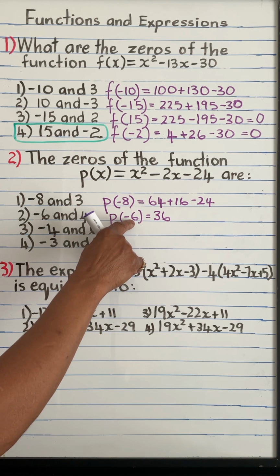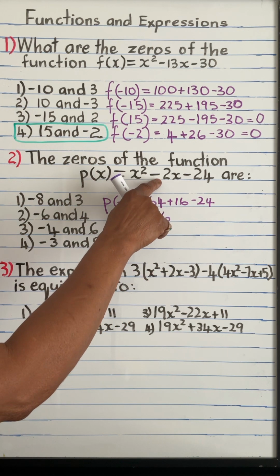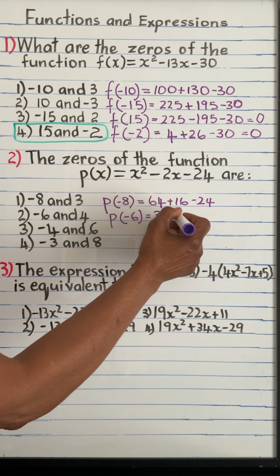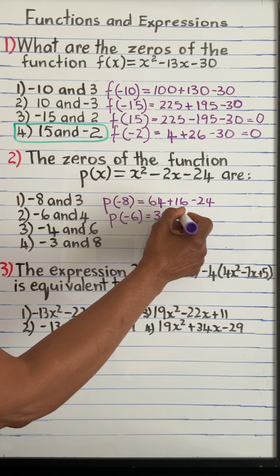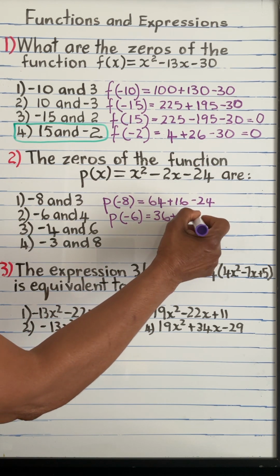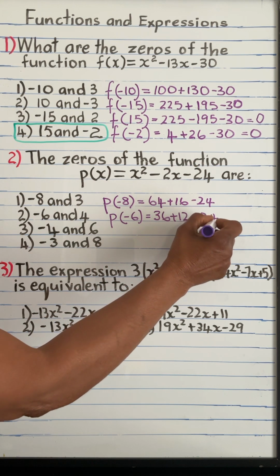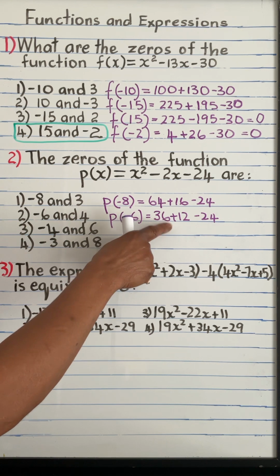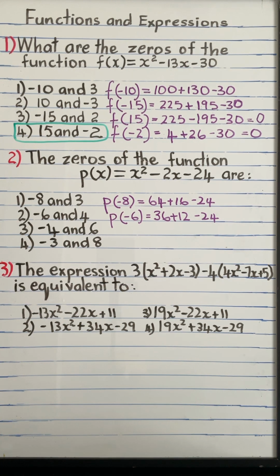Negative 6 times negative 2, plus 12. And then we have our minus 24. And 36 plus 12 minus 24 is not equal to 0. So let's move on to number 3.